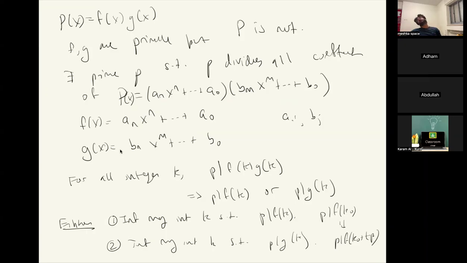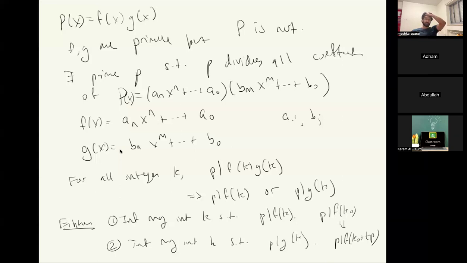That's our contradiction, because by definition, small p divides the polynomial P. But we create a contradiction, because p does not divide f of x, and p does not divide g of x, since they're both primitive. So we take a random term of f and a random term of g, such that both terms are not divisible by p, and we see the product in the polynomial product, and we see that p does not divide that term, even though by definition it should divide it.